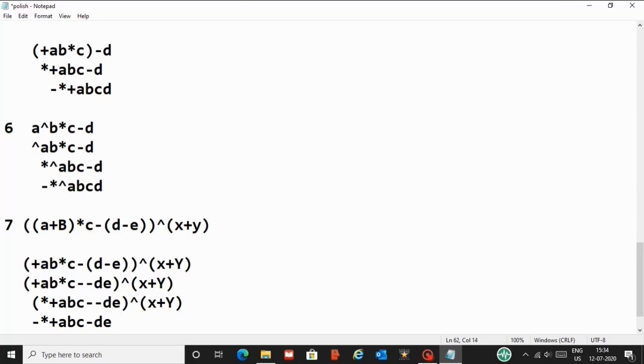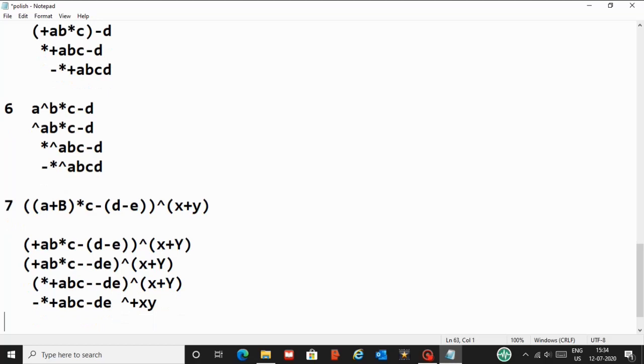Then I do have this which I've not done, x and y, let me do. So it will be plus x, y. Still I'm left with the exponent. So the exponent will be minus star plus A, B, C minus D, E plus x, y.